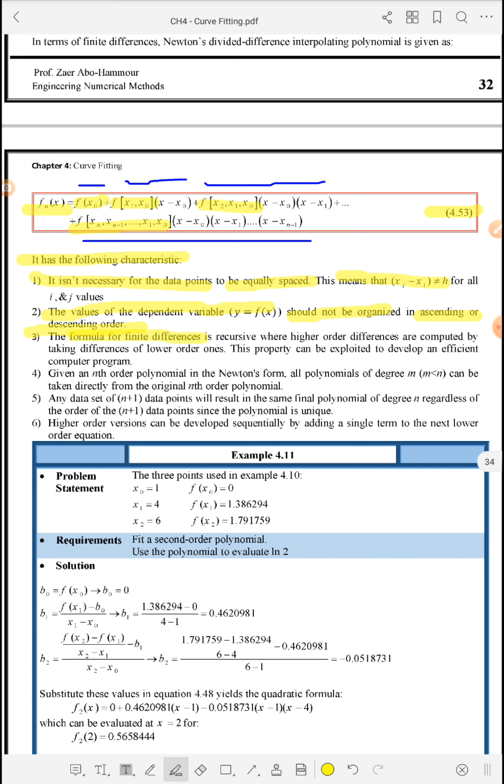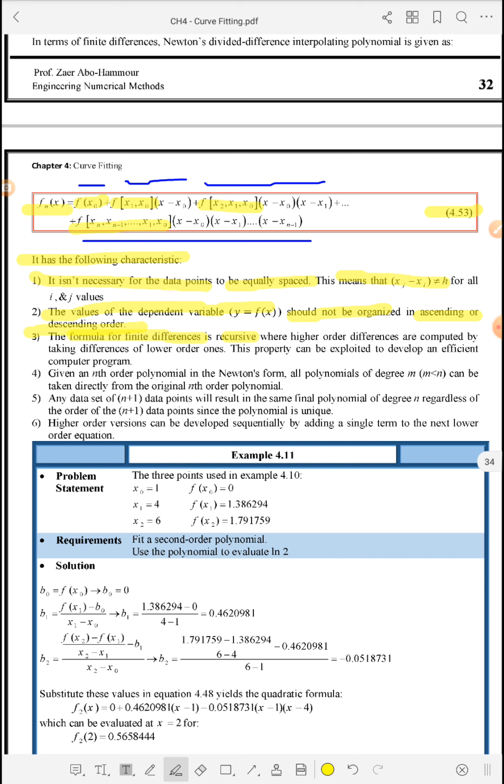The finite divided differences are of recursive nature, as I mentioned. Assume that we want to calculate the third order divided differences as given in the previous page. We cannot find the third order divided difference unless we calculate at least two second order divided differences.